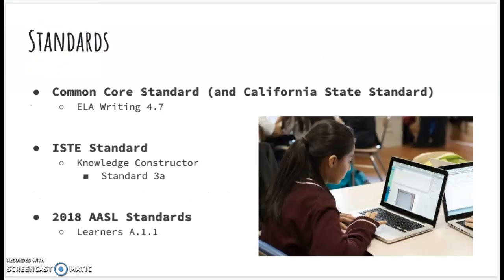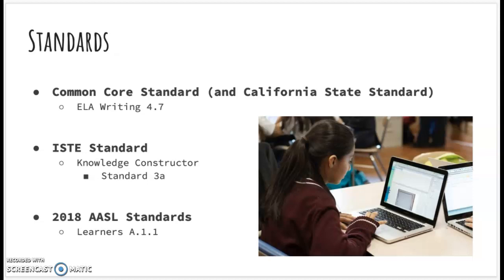Here are the standards that we will cover in this lesson. Now, all of these standards talk about research in fourth grade and beyond. So the Common Core Standard for ELA writing talks about conducting short research projects that build knowledge through investigation of different aspects of a topic.